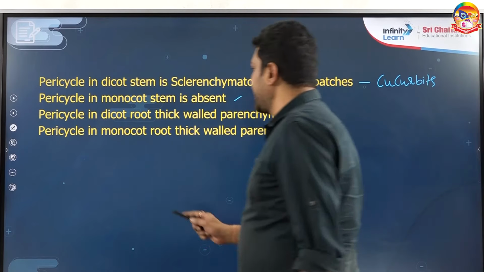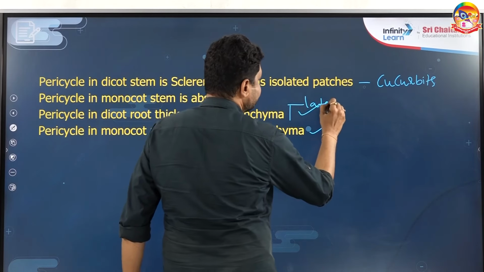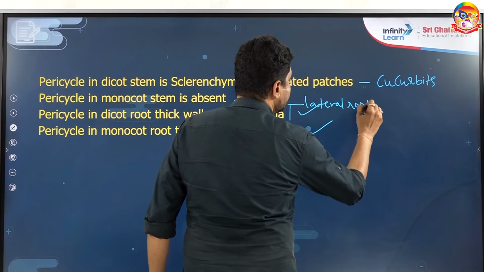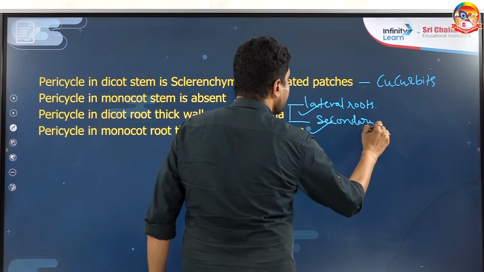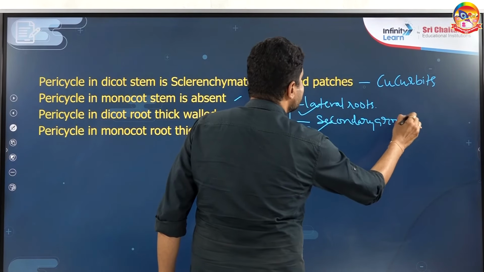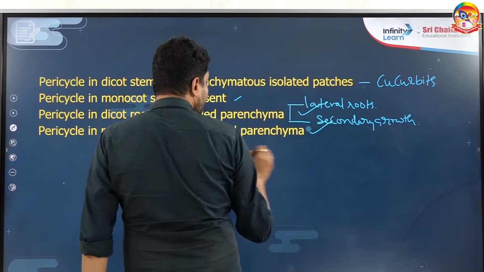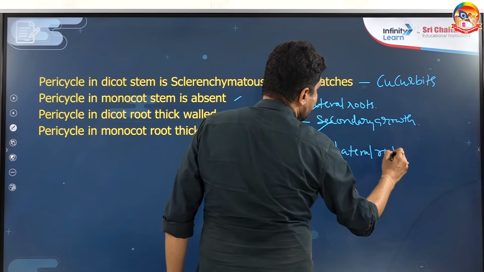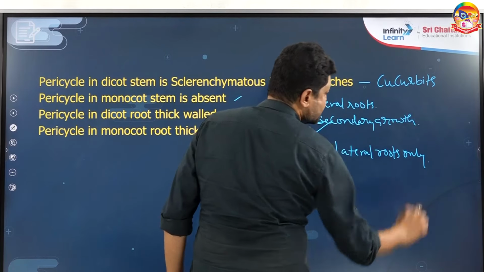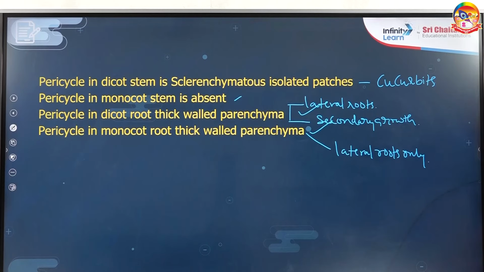But the pericycle of dicot root has a dual function: one is producing lateral roots, and the second is secondary growth. In monocot root, the pericycle produces lateral roots only. Monocot roots do not have secondary growth. Was it clear? Secondary growth is absent in monocot roots.